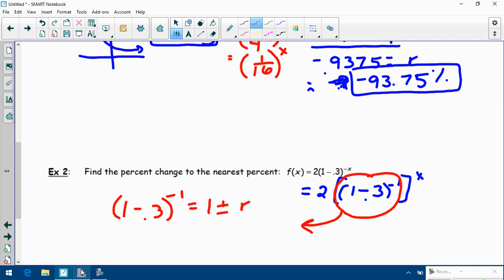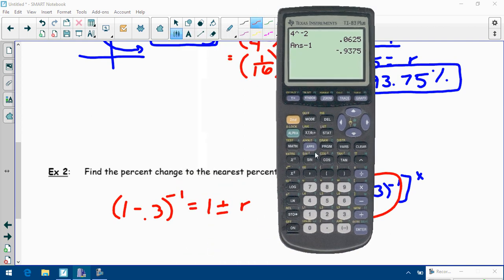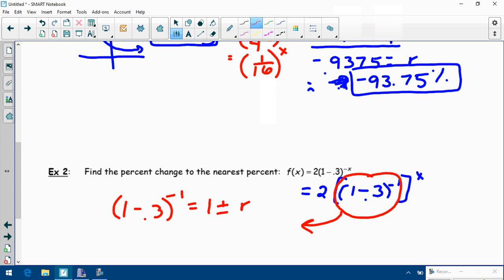Well, this left side is just a number, so go ahead and plug that into your calculator. (1 minus 0.3) raised to the negative first gives me that number. So 1.42857 and so on equals 1 plus or minus r.